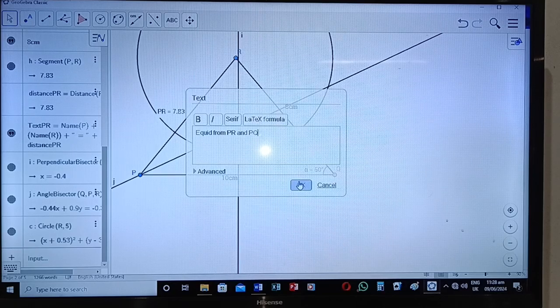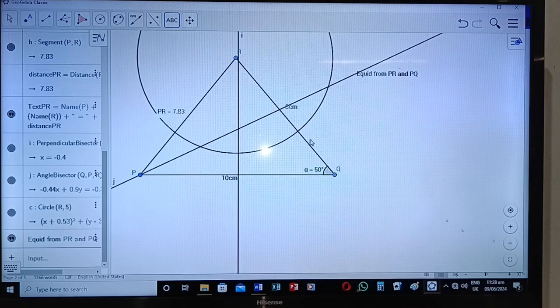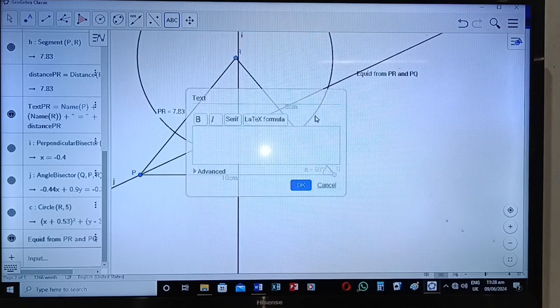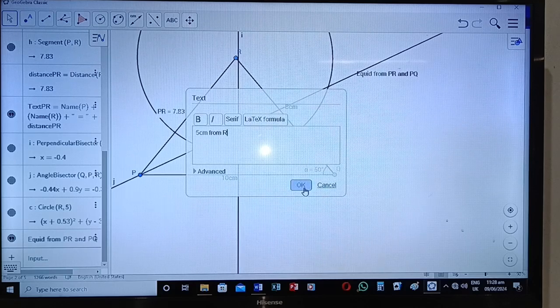Okay, and this one is 5 centimeters from R. Okay, successfully named.